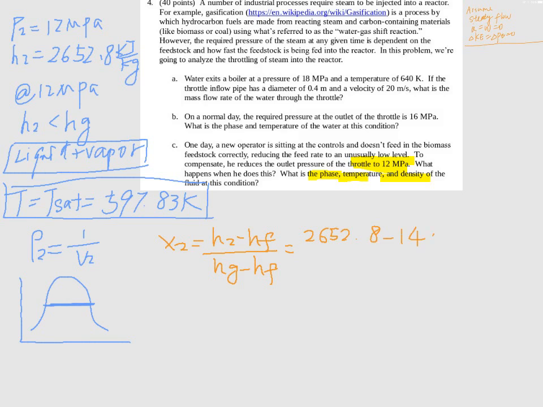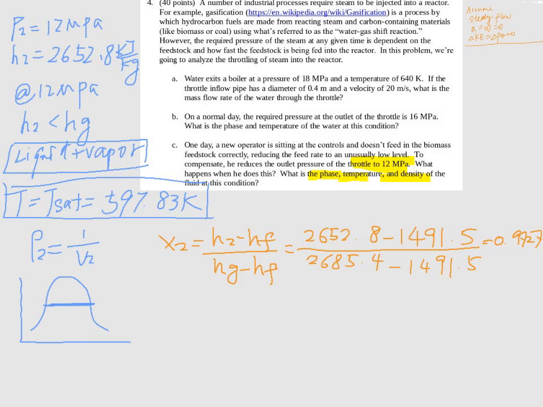2652.8 minus 1491.5 over 2685.4 minus 1491.5, and this will give us a quality of 0.9727.